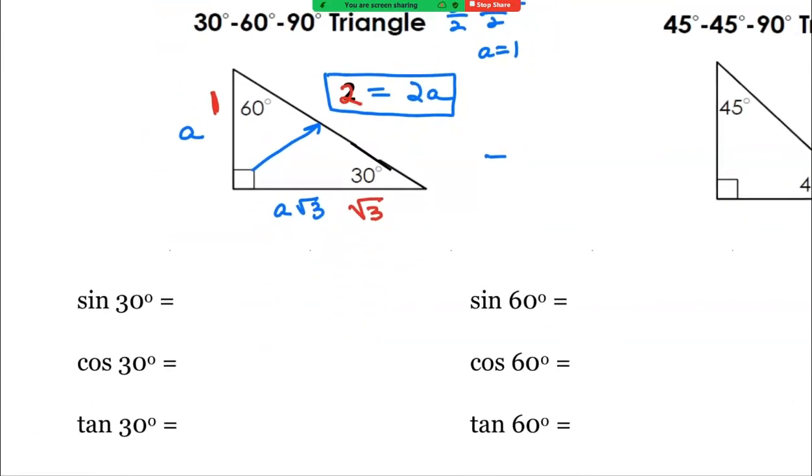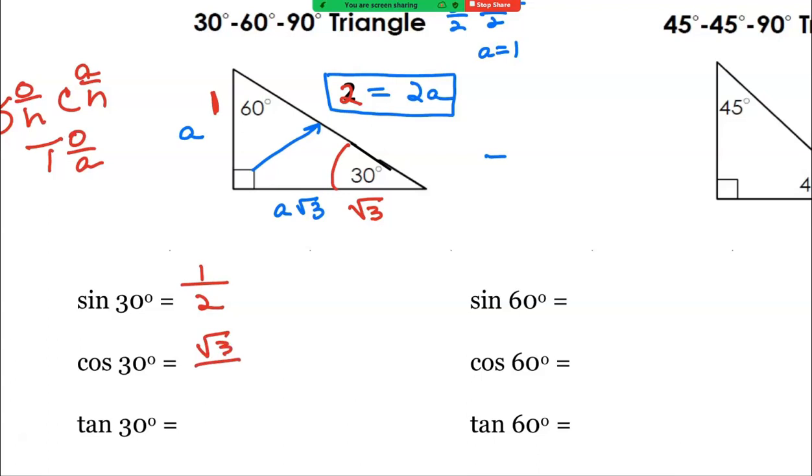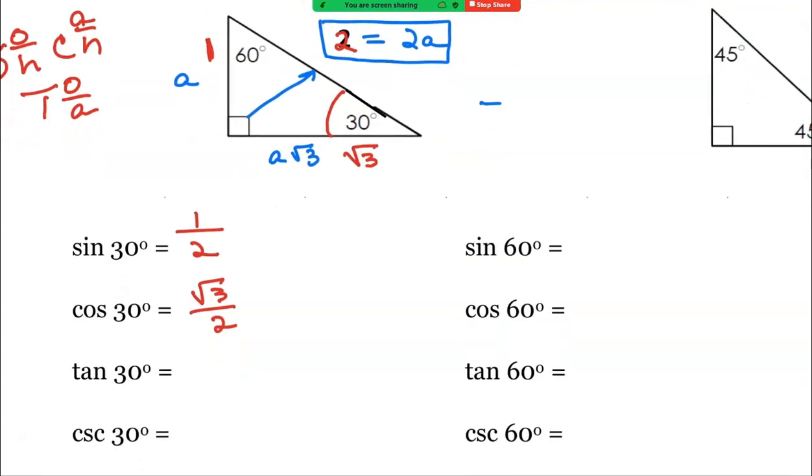Okay, the sine of 30, so don't forget you have SOHCAHTOA, and you can always write this down so that you have it right in front of you whenever you need it. From 30's point of view, I need opposite, which is 1, over hypotenuse, which is 2. Cosine of 30 is adjacent over hypotenuse.